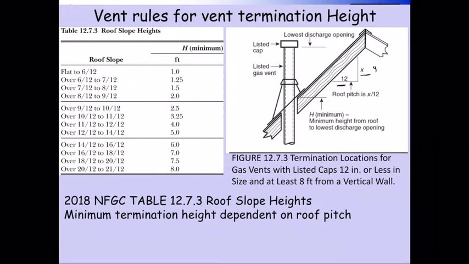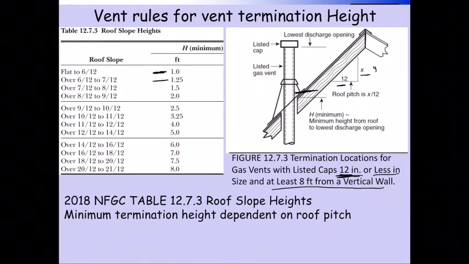So the way that this works is they tell you that if you happen to have a system, and by the way, this is also for anything 12 inches or less, and you're at least 8 feet from a wall, a vertical wall that's in the vicinity. So that's what these pertain to. So if I happen to have, let's say, a 6/12 roof pitch, I could get by with as little as 1 foot above the roof, and that's from the highest point leaving the roof.